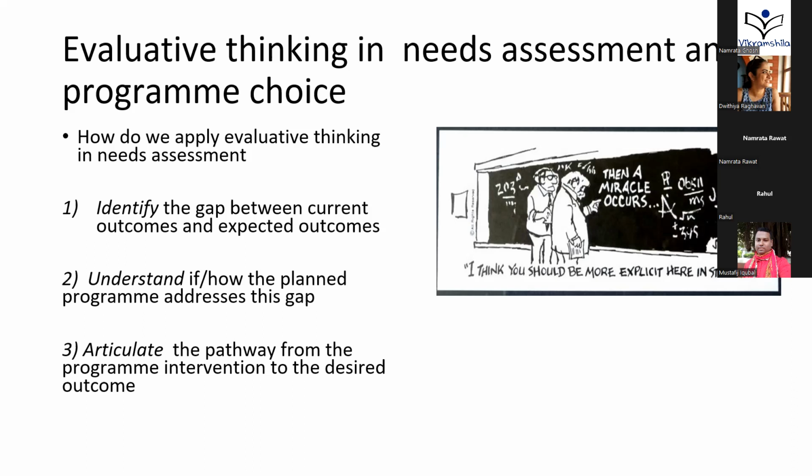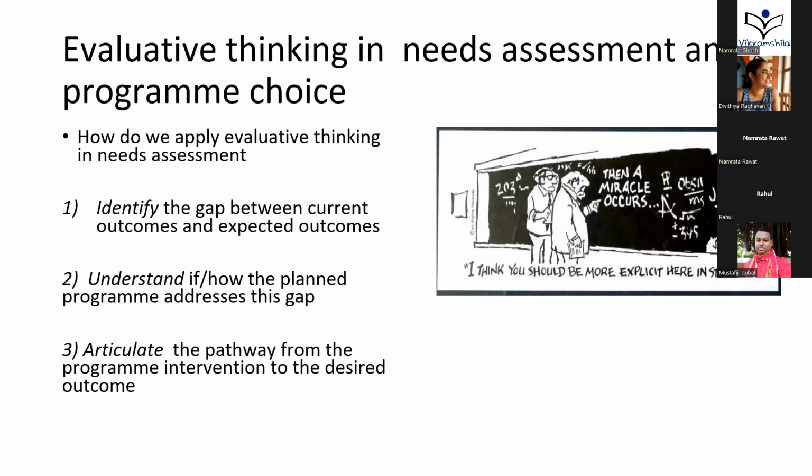That articulation is very, very important, and obviously the pathway, right? Because if I know this is the gap, and if I understand how this program, it's my imagination, obviously, how I plan this program to address this gap, then it's also important that we articulate how this is going to happen, right?